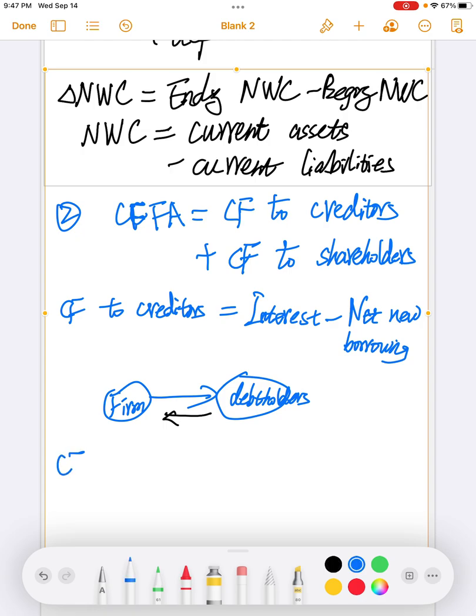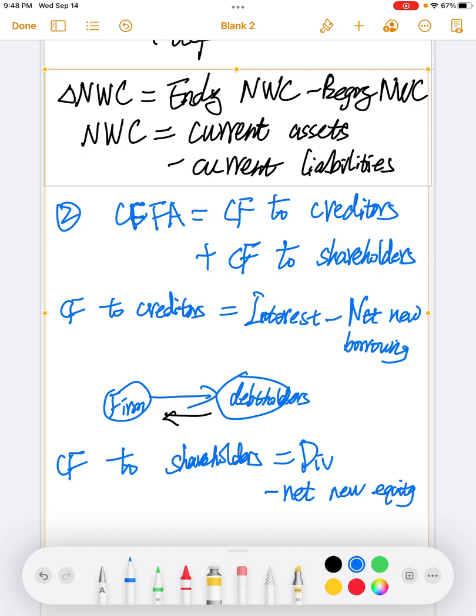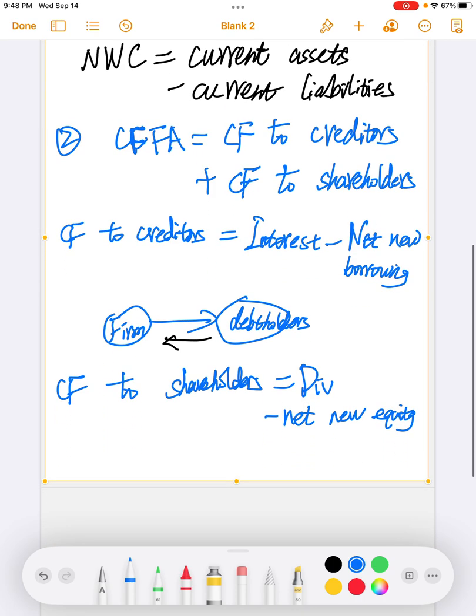The cash flow to shareholders works similarly. Shareholders receive dividends from the company, and it's also possible that the company would raise some new equity. In that case, there will be some money coming out of the stockholders' pocket.